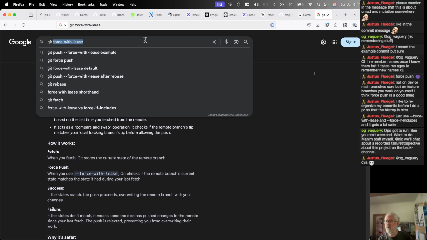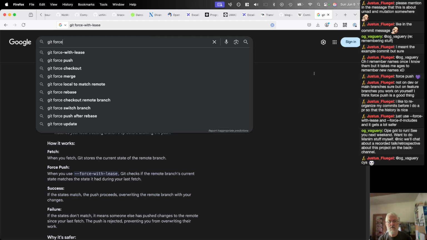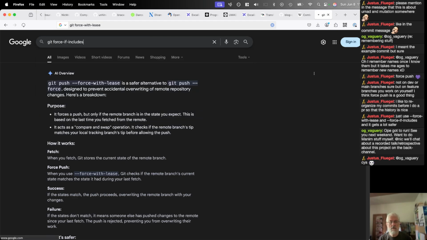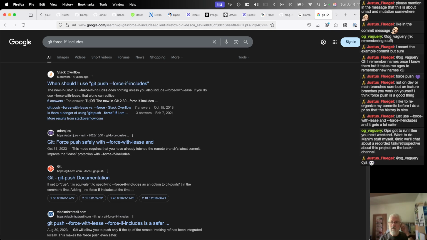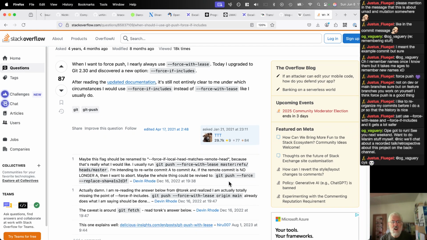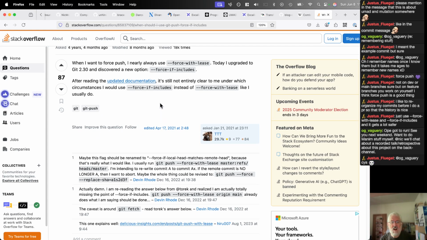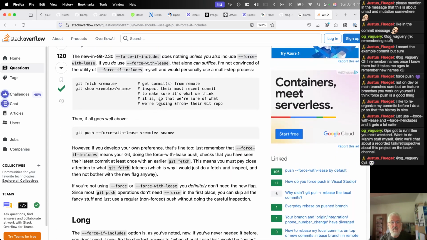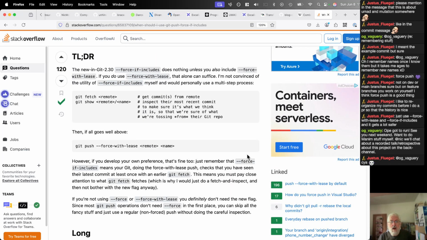And then force-if-includes. Oh, I didn't get a summary there. Well, that's annoying, because that summary was sort of useful. So let's see. Force-if-includes does nothing unless you also include force-with-lease. Oh, so you do have to have both of them.